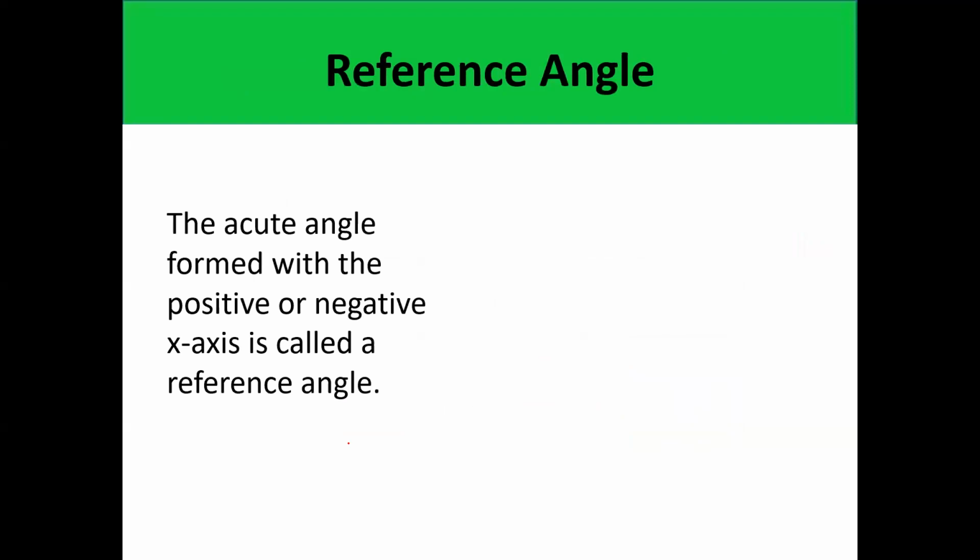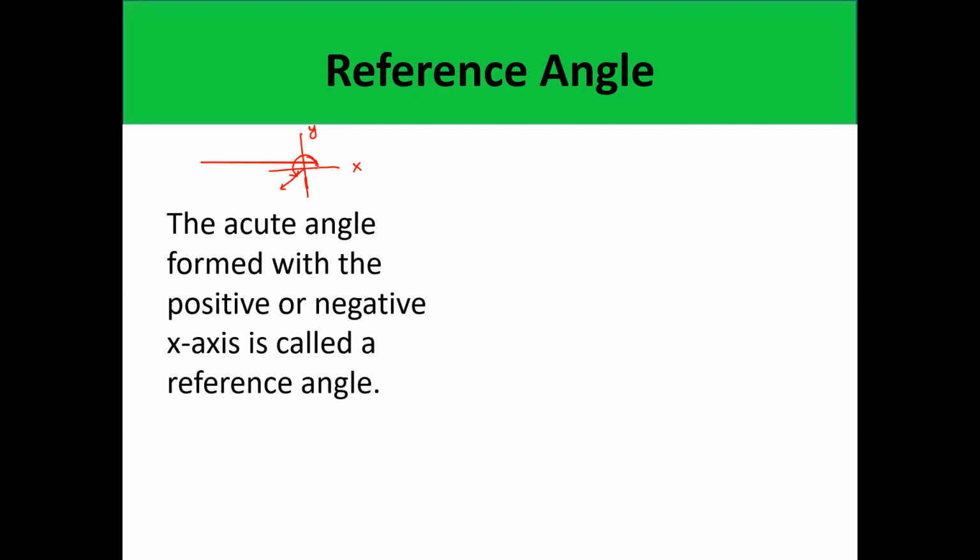Next is the concept of reference angles. The reference angle is the acute angle formed with the positive or negative x-axis. Acute angles are angles measuring between 0 and 90 degrees. Suppose that this is our Cartesian plane, this is the x-axis and this is the y-axis, and we measure the angle in the counterclockwise direction.